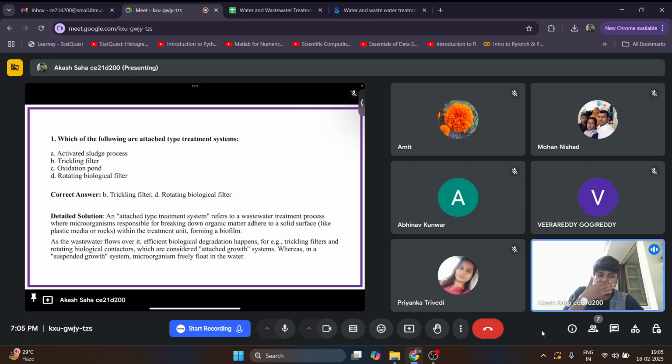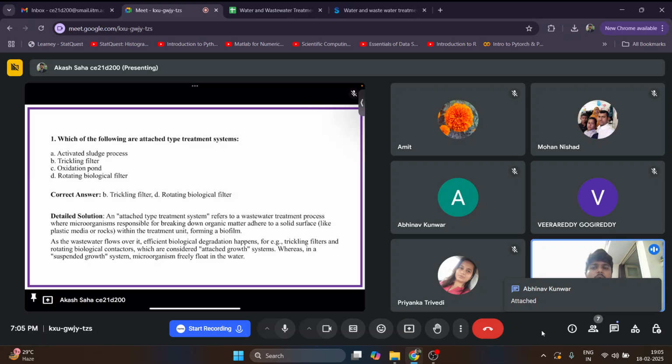I'm just trying to convince you which will give a better efficiency, in terms of BOD removal or nutrient removal. Any idea?